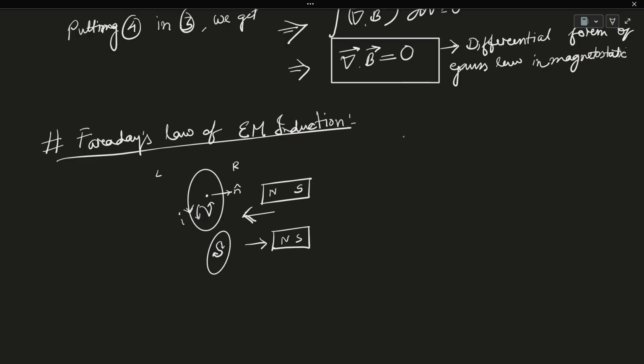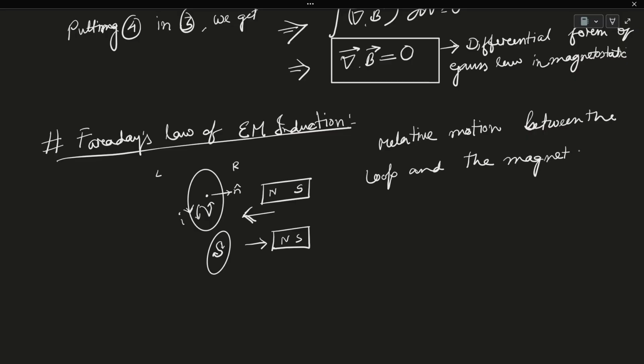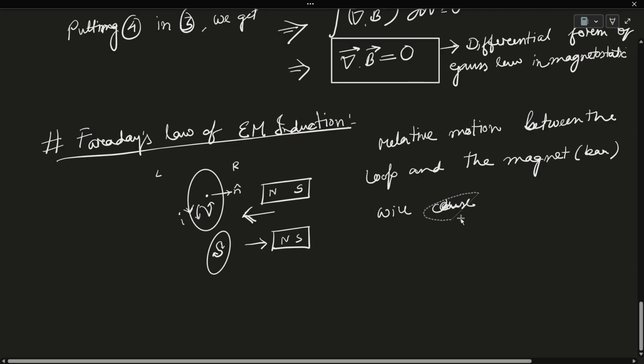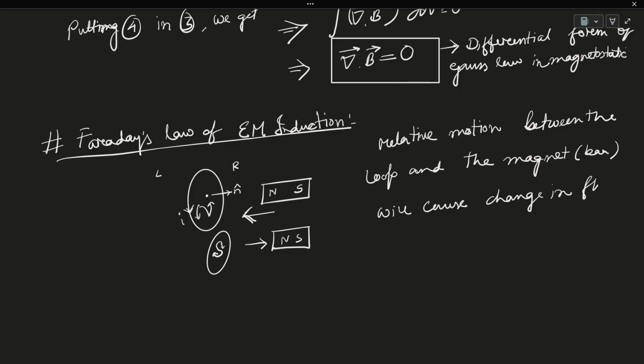Okay, so let me write it down: relative motion between the loop and the magnet, let's say bar magnet, will cause a change in flux in the loop, or through the loop.